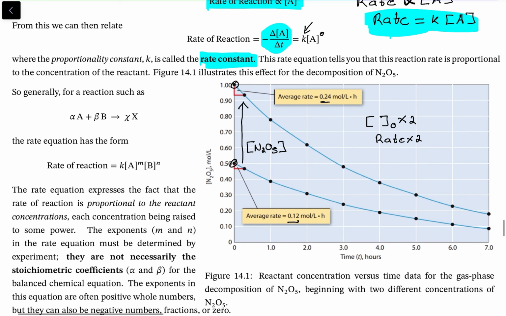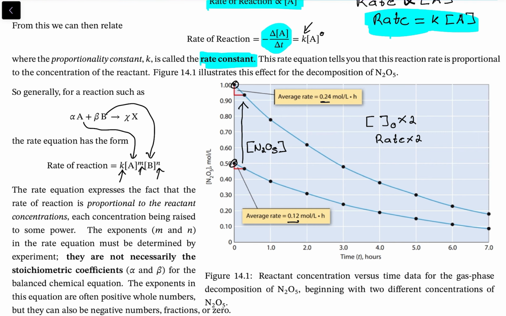Your rate equation is something where you can calculate rate equals, where's my pen? There's my pen. Where you write your reactants' concentration, and you raise them to the power something, and you have a rate constant. Okay, that's a rate equation.